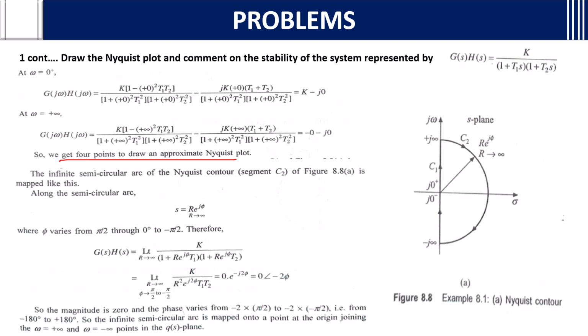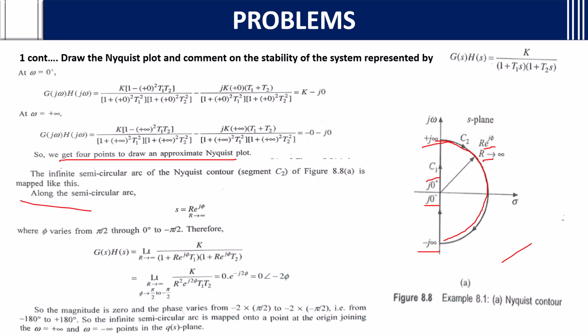The infinite semicircular arc of the Nyquist contour, segment C2 of figure 8.8a, is mapped like this. See, j0 means here, 0 plus is here, j infinity and minus j infinity is here, and you can map C1 and C2 in this way. And this is s equals r e^(jφ), r tends to infinity.